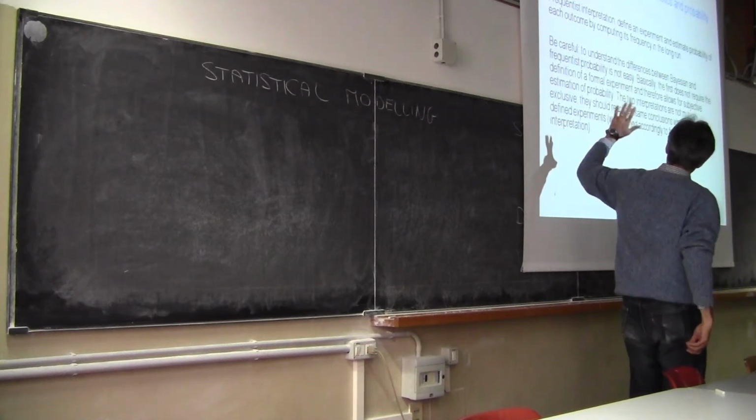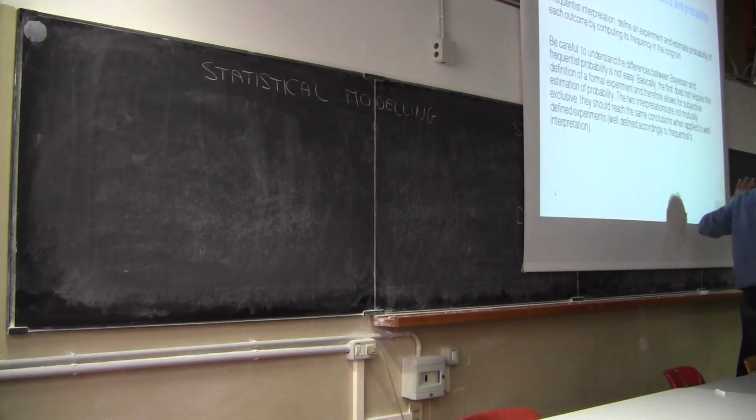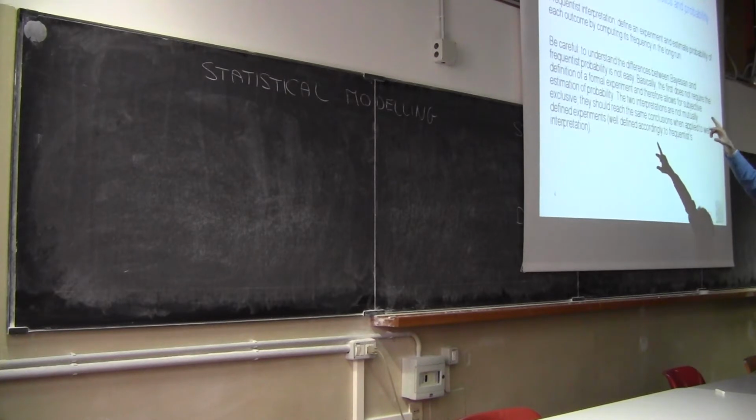And not just the first sentence is important, because it's a way of computing probability in a way that satisfies the axioms. The frequentists define an experiment and estimate the probability of each outcome by computing its frequency in the long run.